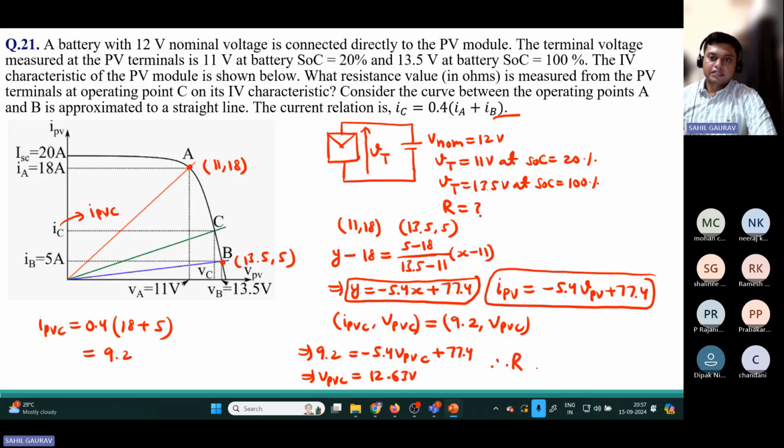Therefore, resistance corresponding to C point, you will get V upon I: 12.63 upon 9.2. So you will get 1.373 ohm. That is the answer.